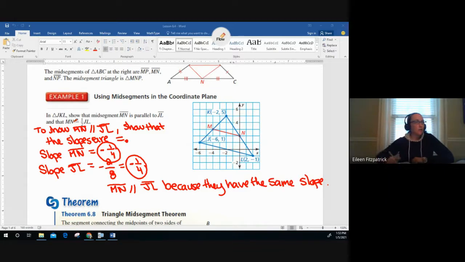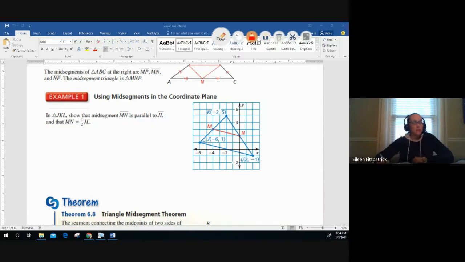So the question again says, show that the mid-segments are parallel. Check, we did that. Next, we want to show that MN is half of JL. What do you think we need to do in order to do that? Distance formula, right? If we can figure out the length of MN and then the length of JL, we can compare them.